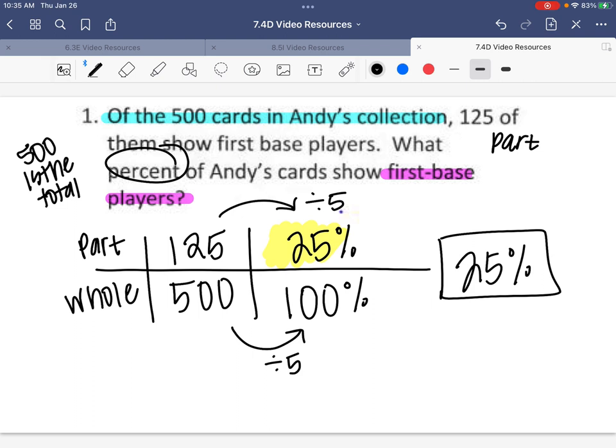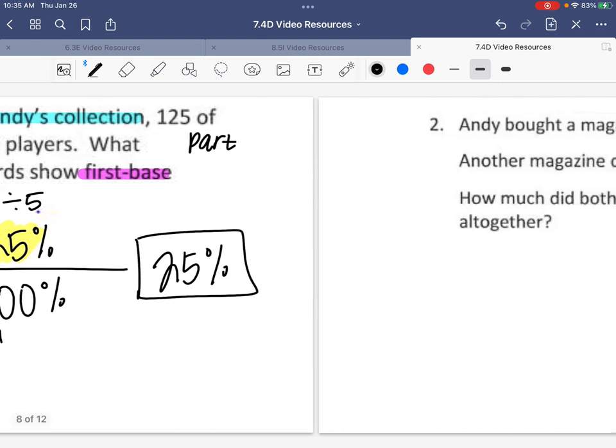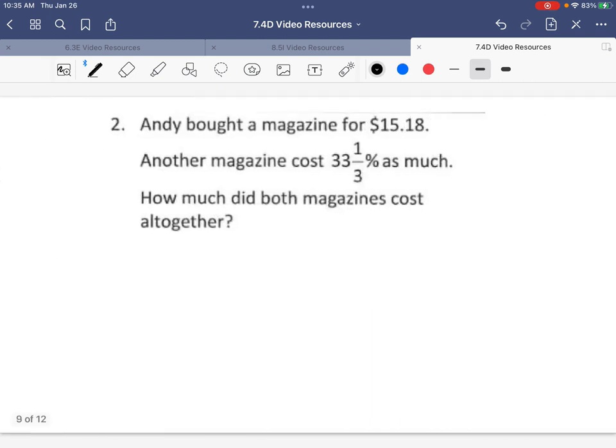Okay, let's look at one more. Andy bought a magazine for $15.18. Another magazine cost 33 1/3% as much. How much did the magazines cost altogether? So this tells me that he bought magazine 1, which was $15.18.